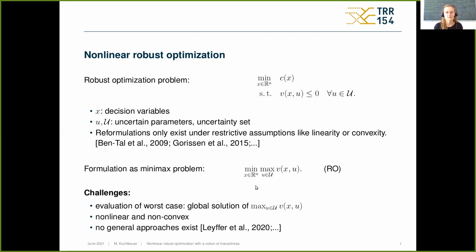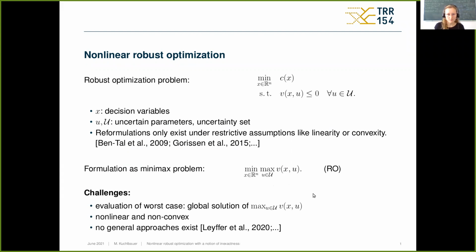And we want to consider a very general setting. So we want to solve this min-max problem. That's how we formulate the robust optimization problem. And one major challenge here is in the presence of non-convexity especially, even to evaluate one possible decision x, as this requires to find a global solution to the adversarial inner problem.